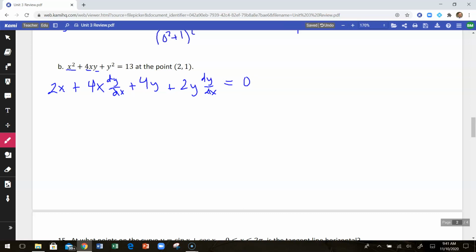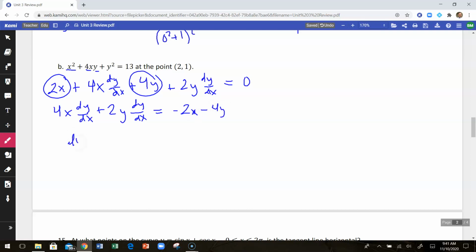Now, before I go plugging in my 2 for x and my 1 for y, I'm going to solve for dy over dx so that I have that derivative by itself. So we will have 4x dy over dx plus 2y dy over dx. And I'm going to move this and this both to the right side of the equation. So minus 2x minus 4y.